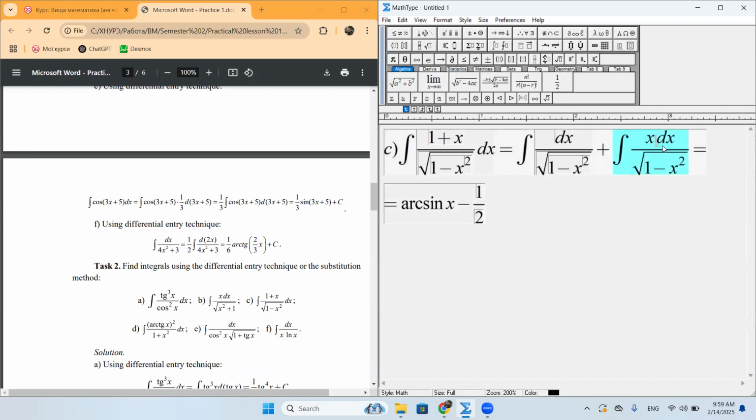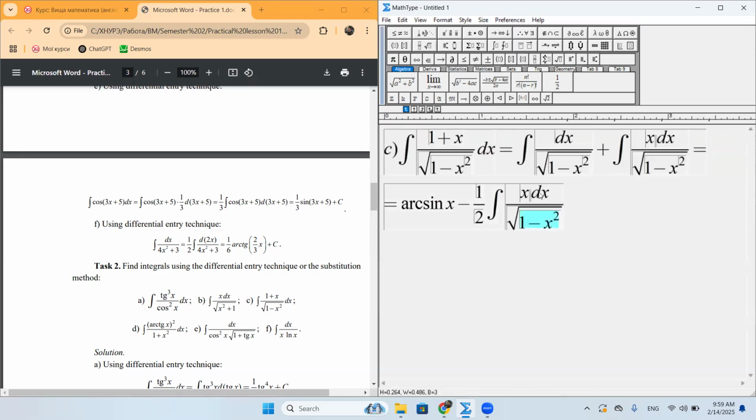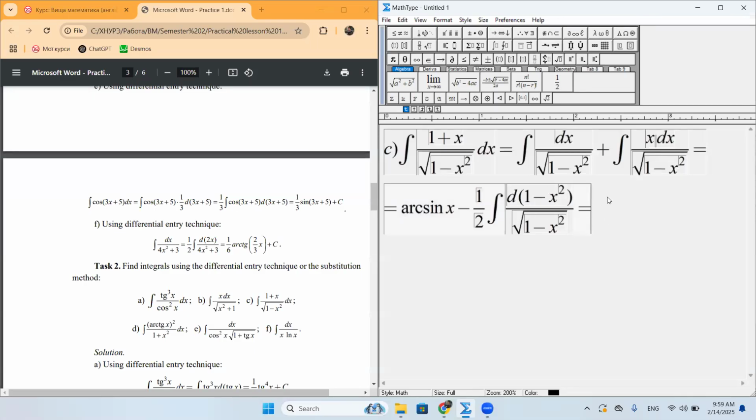Because we need to do some arithmetical manipulations. So nothing is broken. Now everything is correct, and we can calculate this integral as well.